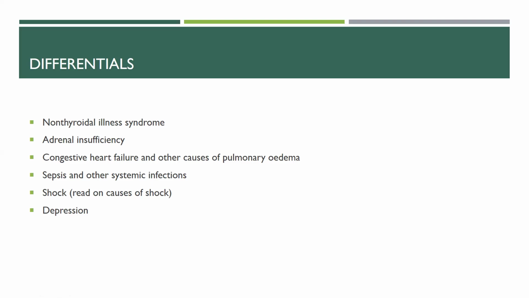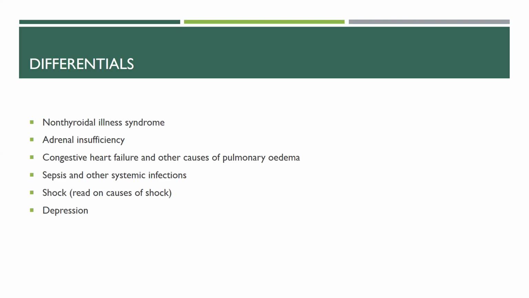Remember what I was telling you about dilated cardiomyopathy, which can lead to heart failure. The forms of heart failure here could be congestive heart failure. If you have congestive heart failure, that means there's an issue with your right ventricle, so you'll just read on the causes of right ventricular failure.